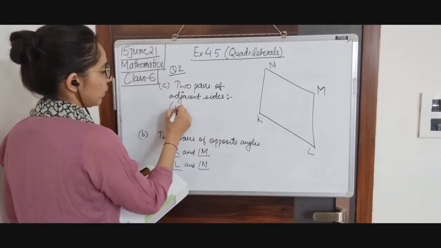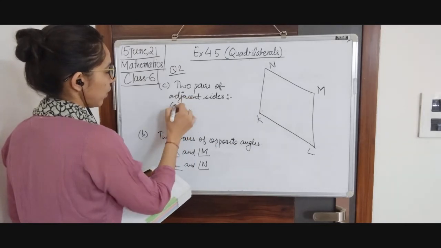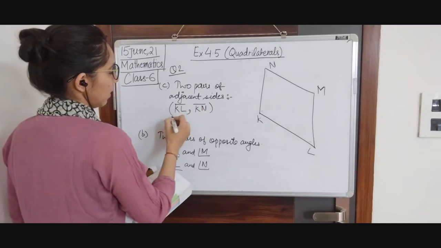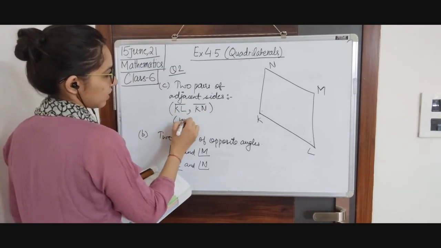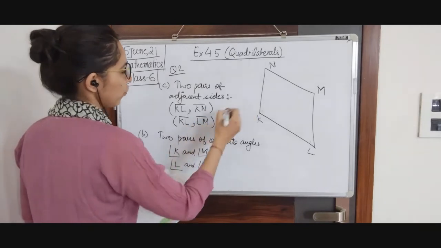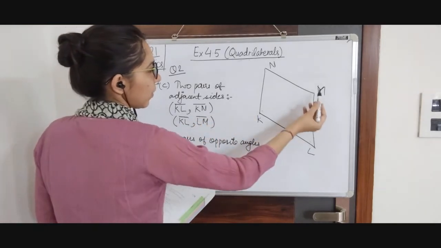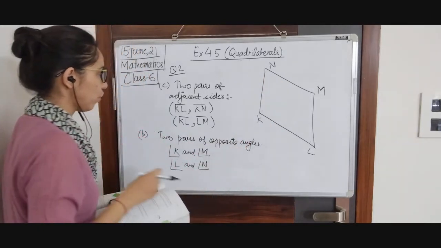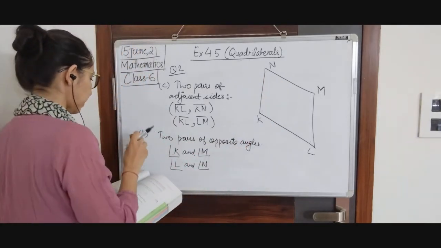We have to write two pairs: KL, KN. Another pair we can write as KL, LM. Similarly, we can write more pairs also, like LM and MN, MN and NK. These are also pairs of adjacent sides.